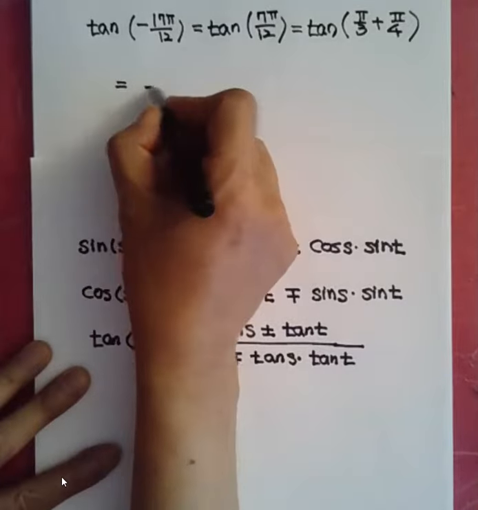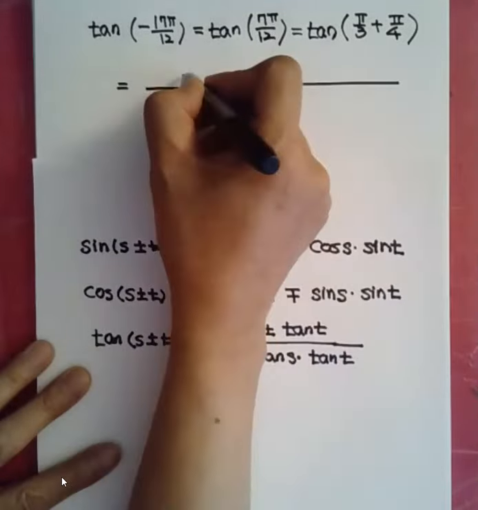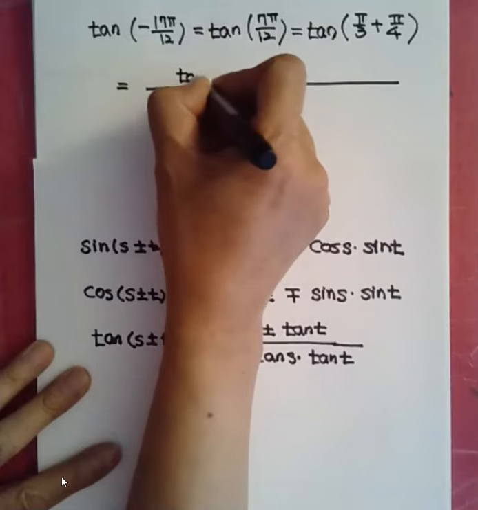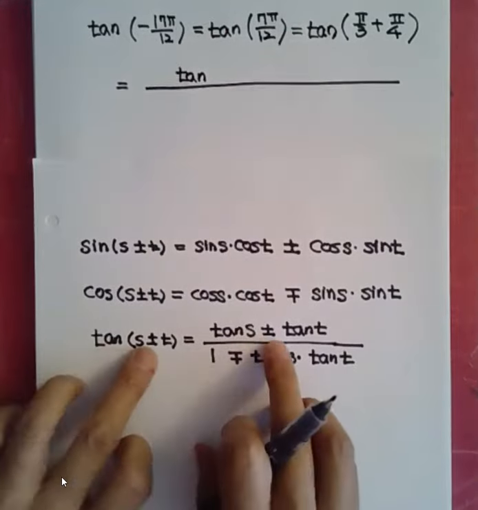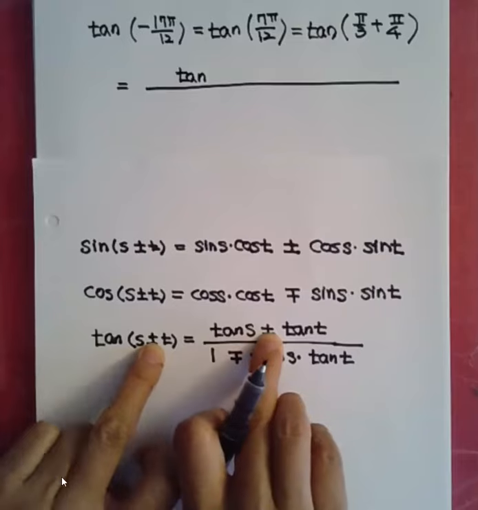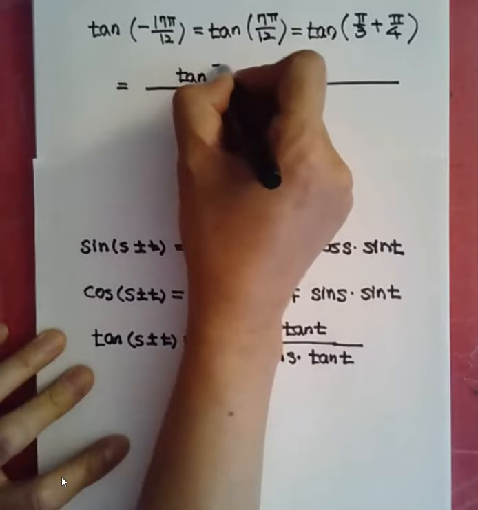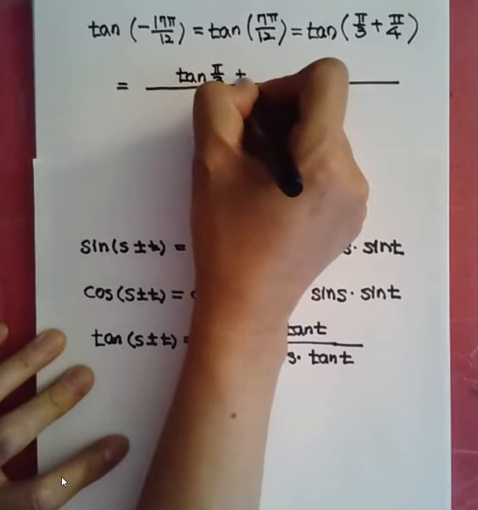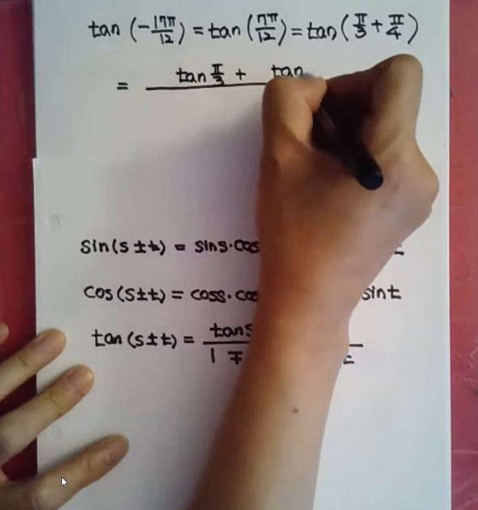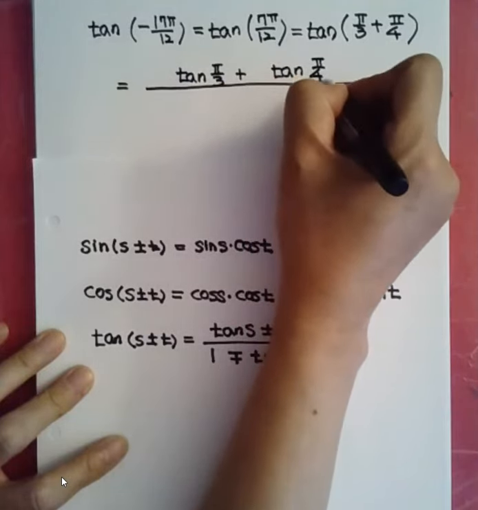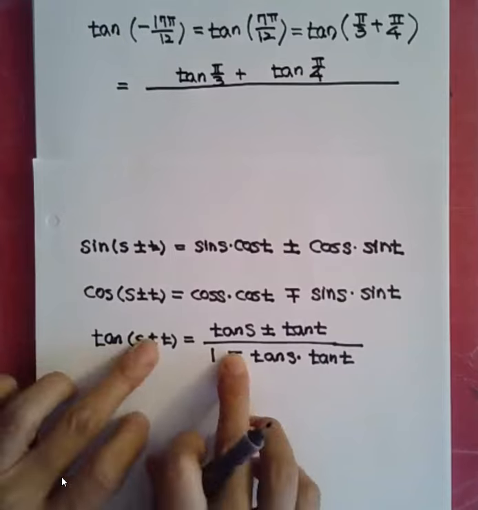So that equals tangent of, for the numerator, the order is the same. So tangent of pi over 3 plus tangent of pi over 4. And then plus becomes minus.